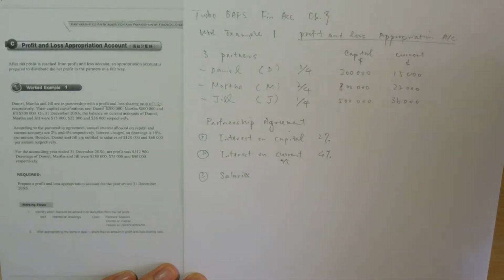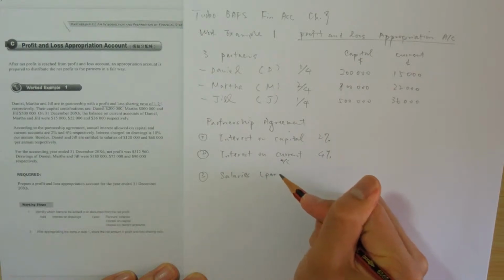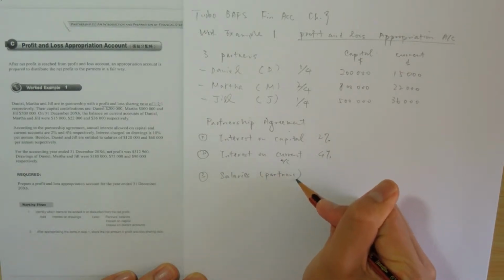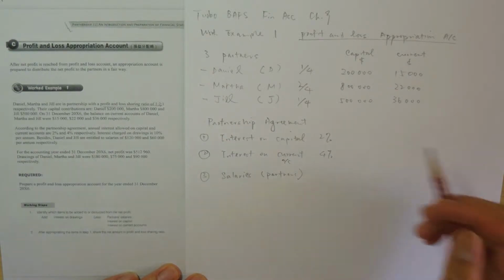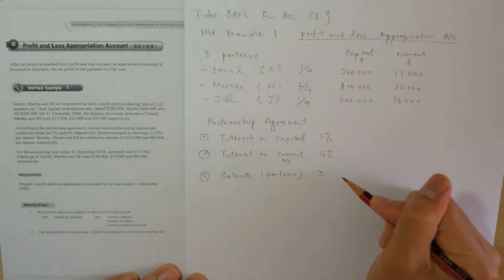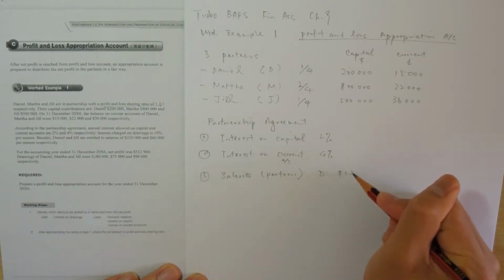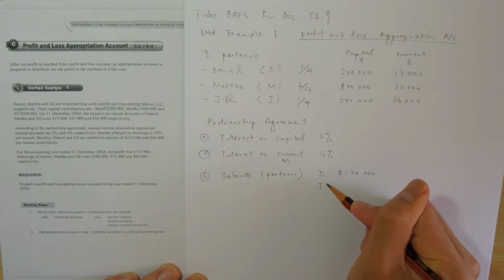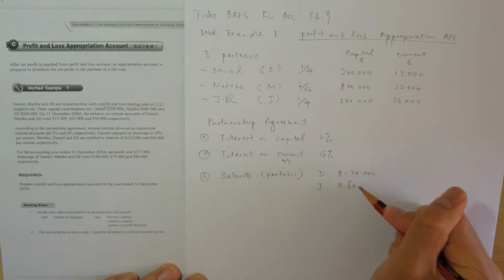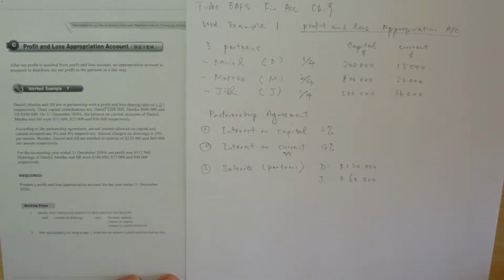So this salary is for the partners, only for the partners. Next one, partners: we have Daniel. Daniel's annual salary is 120,000, and for Jill, that's 60,000.